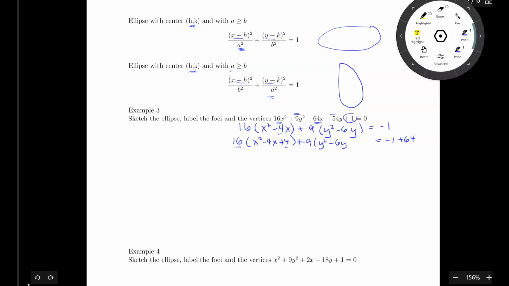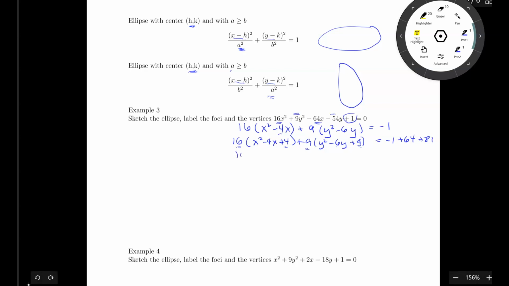I'm going to take half of negative 3 and square it, so that's a 9. I need to recognize what I really added: I really added an 81 on the left-hand side, so I need to add an 81 on this side as well.